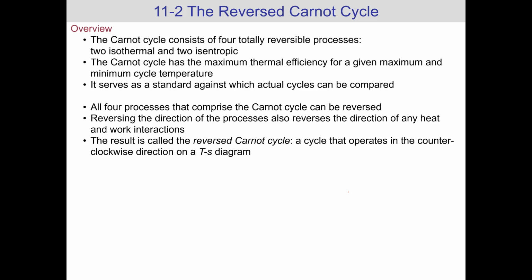It serves as a standard against which actual cycles can be compared. All 4 processes that comprise the Carnot cycle can be reversed. Reversing the direction of the processes also reverses the direction of any heat and work interactions. The result is called the reversed Carnot cycle, a cycle that operates in the counterclockwise direction on a TS diagram.